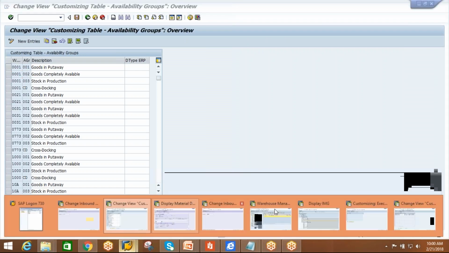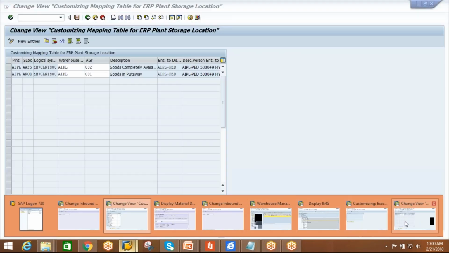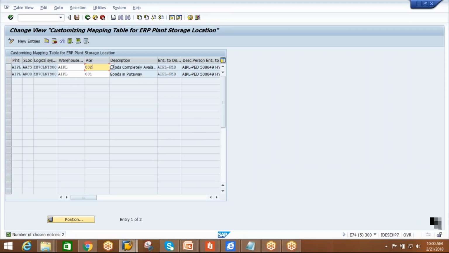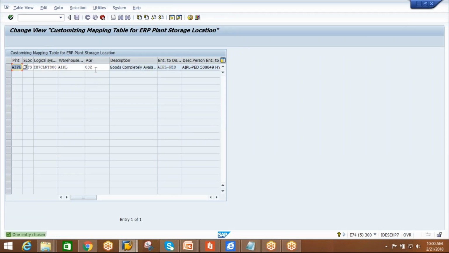Now I'm trying to assign it to storage location AAFS. Z001, Z01. Target key must be different from source key. So it's not possible. And please note that storage location and availability group combination is always 1:1.